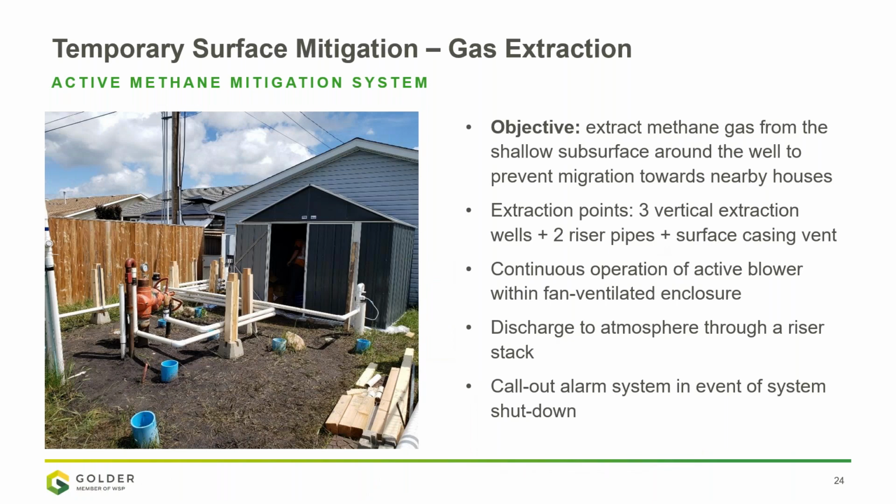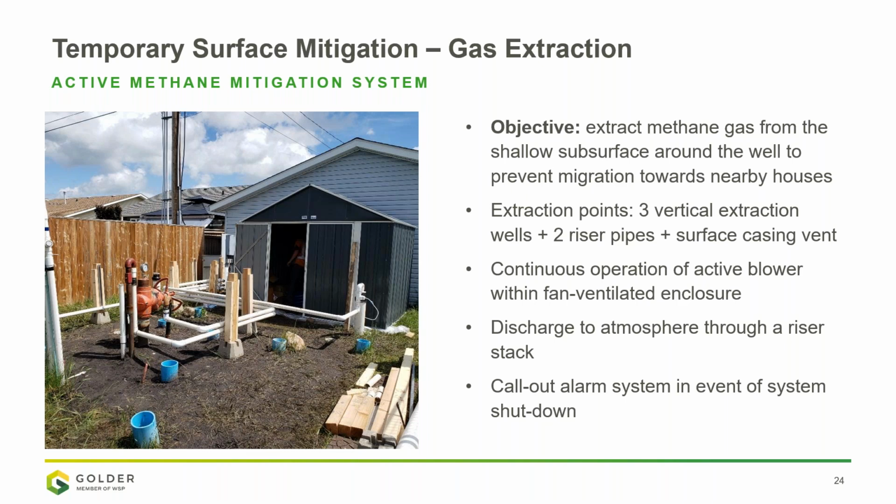The objective of the gas extraction system was to extract the methane gas from the shallow subsurface around the well and prevent migration towards the nearby houses. What we constructed was a fairly conventional soil gas extraction system with vertical extraction risers. We put in 3 extraction wells, extracted from a couple of riser pipes right close to the wellhead, and a 6th extraction point was the surface casing vent itself.